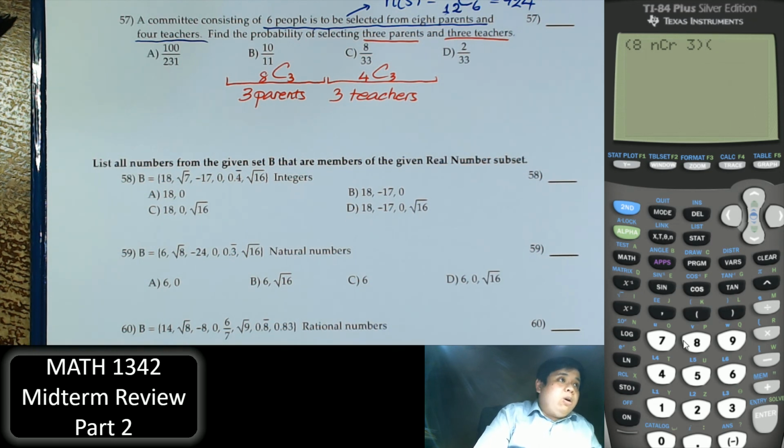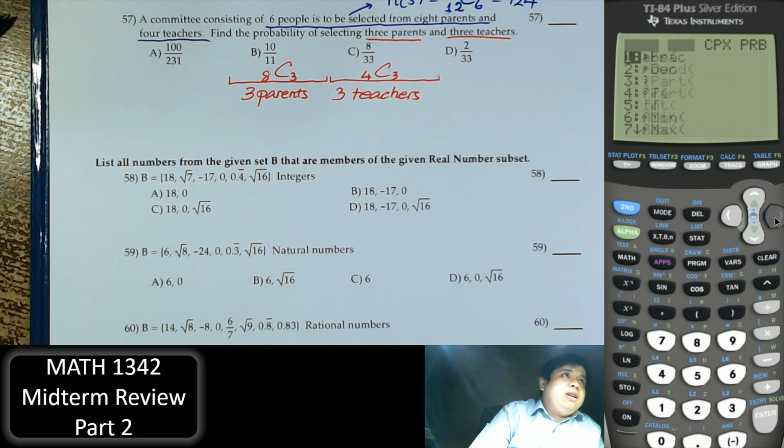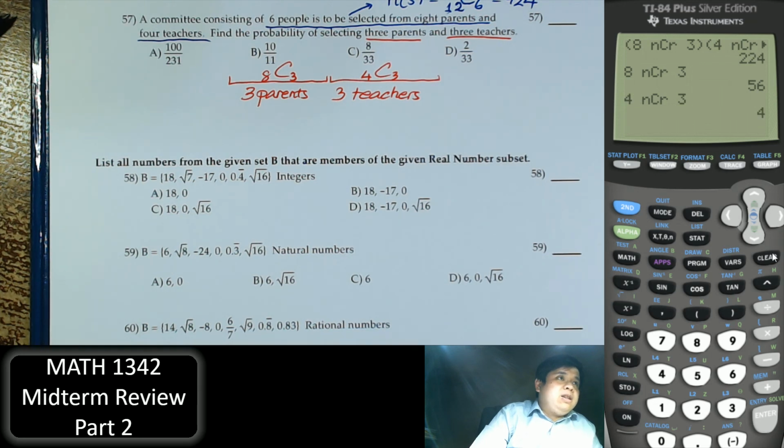And then 4, we hit 3. So 224. Right? Or we can do that individually. 8 math 3, and then 4 math 3, 4 times 56 is 224.